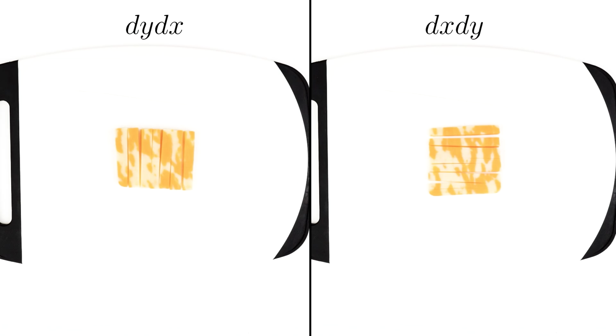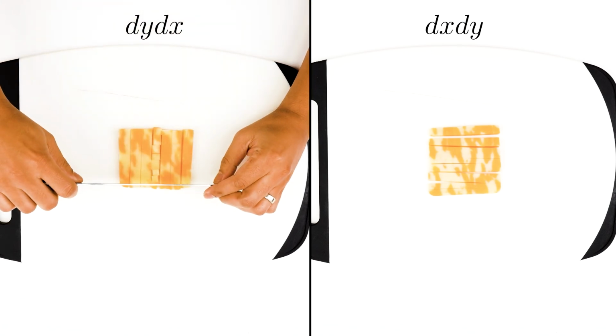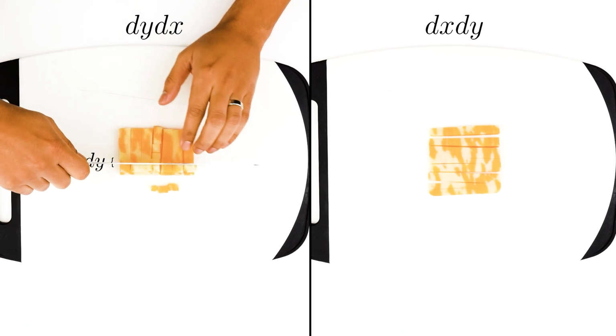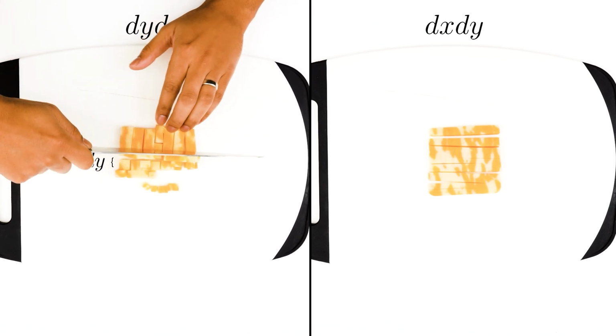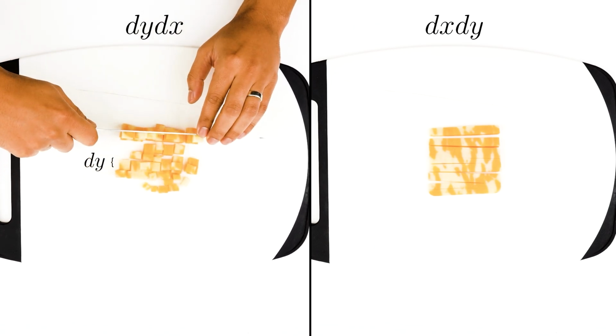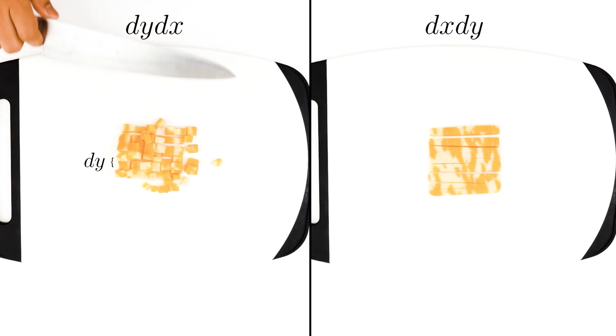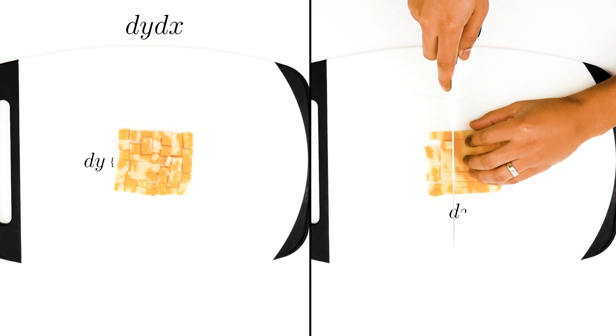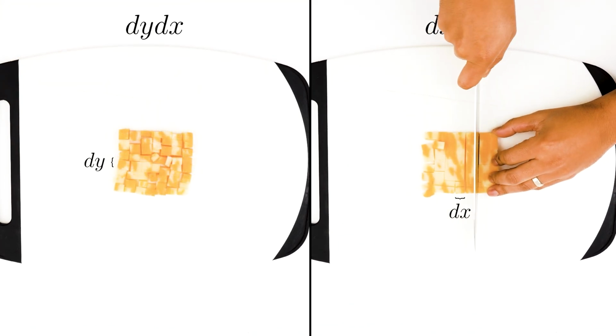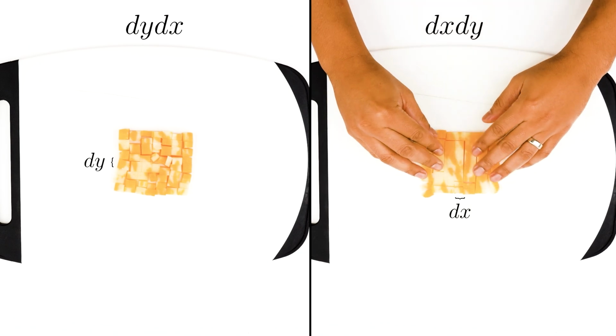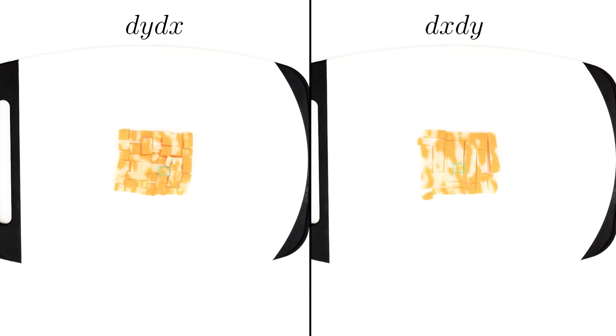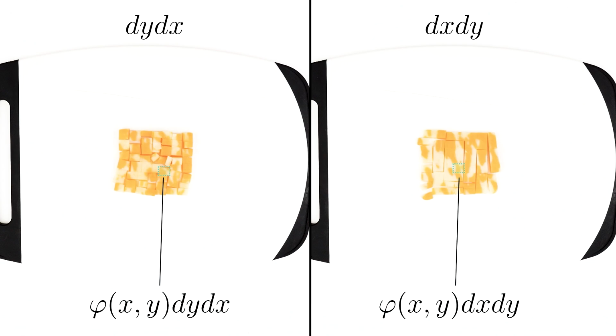We chop the second slice accordingly. The left one dy, so horizontally, and the right one dx, so vertically. A single cube has infinitesimal mass written as phi of xy dy dx or phi of xy dx dy.